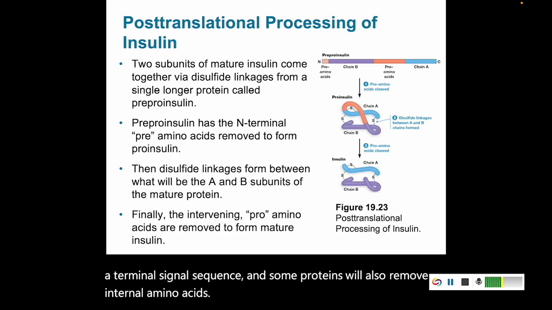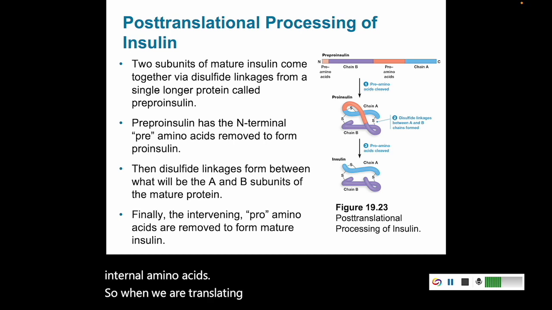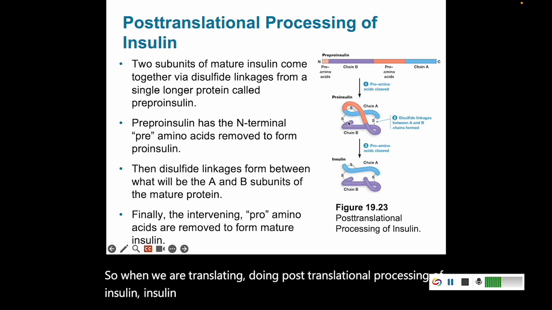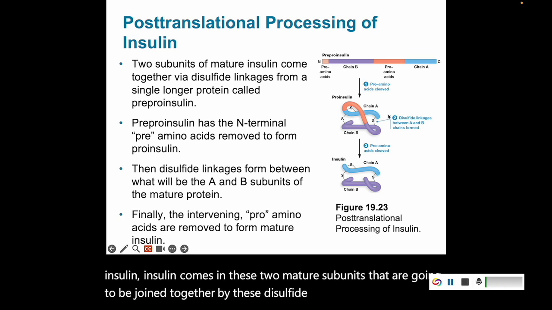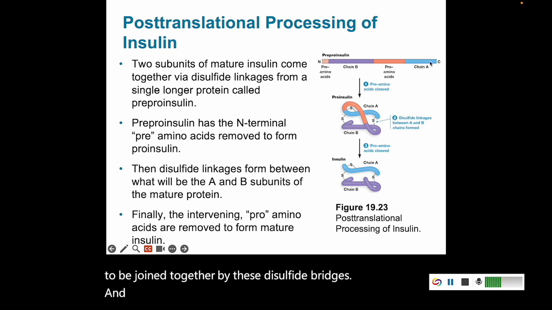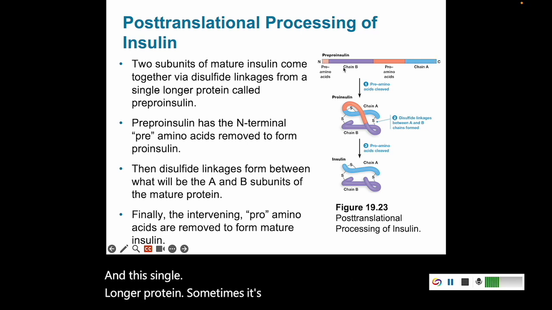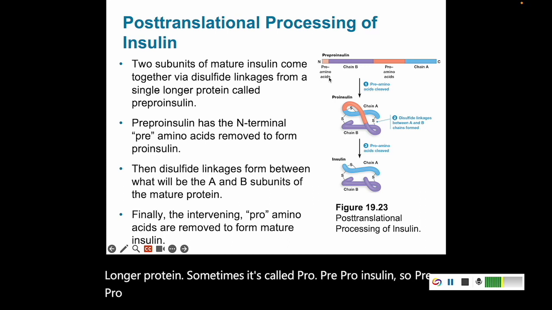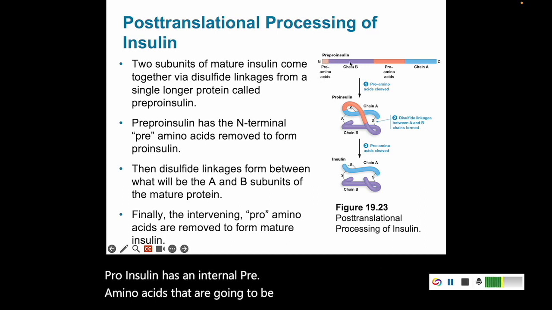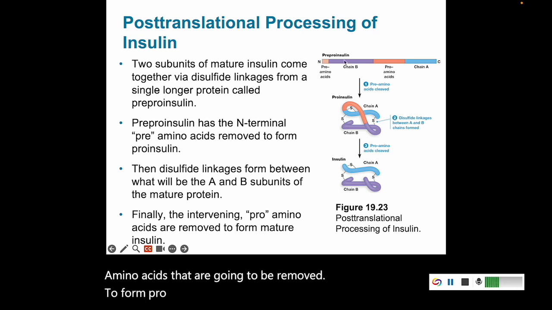When we look at post-translational processing of insulin, insulin comes in two mature subunits that are joined together by disulfide bridges. This single longer protein is sometimes called pre-proinsulin. Pre-proinsulin has N-terminal pre amino acids that are removed to form proinsulin, which has these parts.